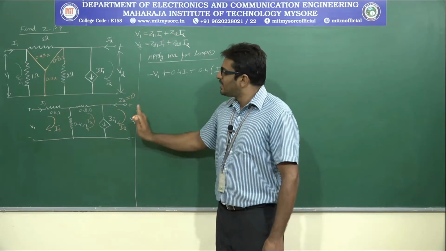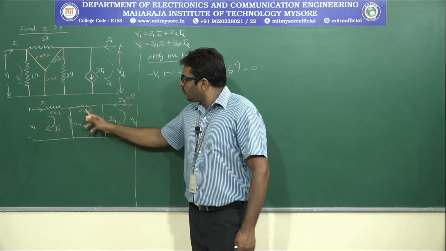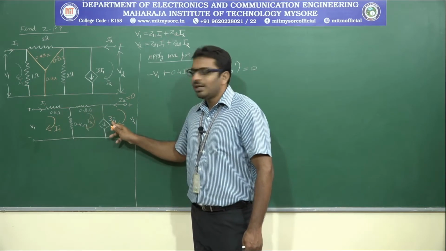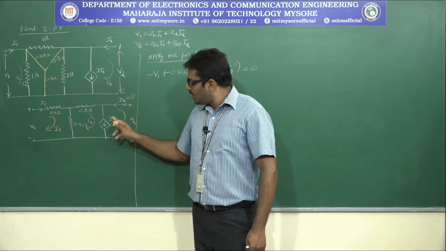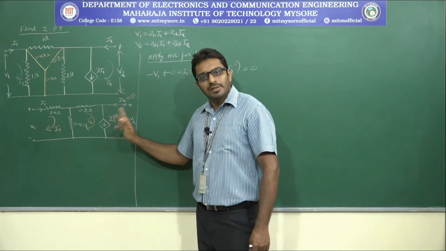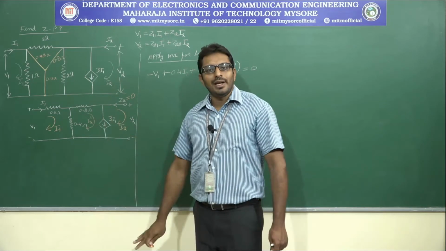That is why I2 is 0. So the current through 0.8 ohm is nothing but 3I1, because this dependent current source value depends on the input current.